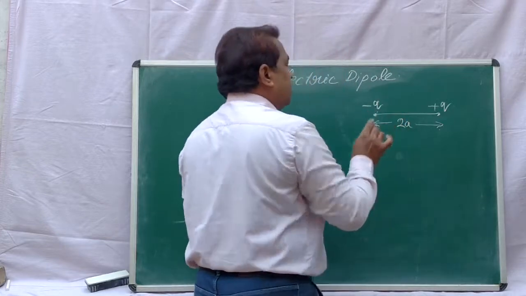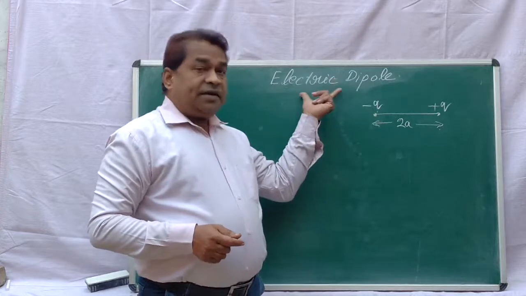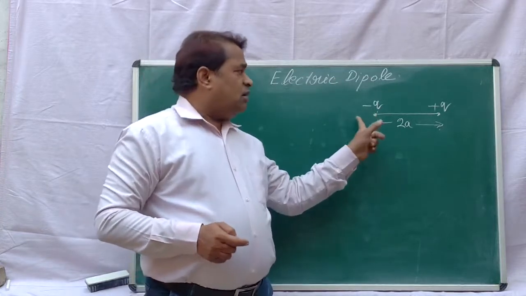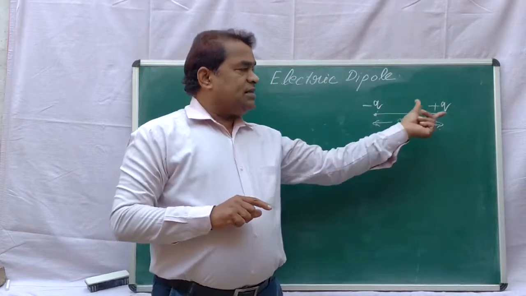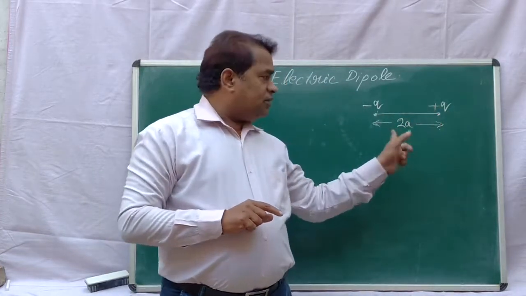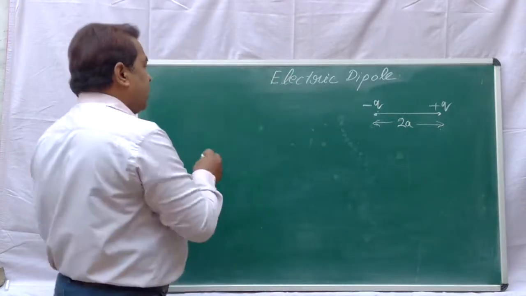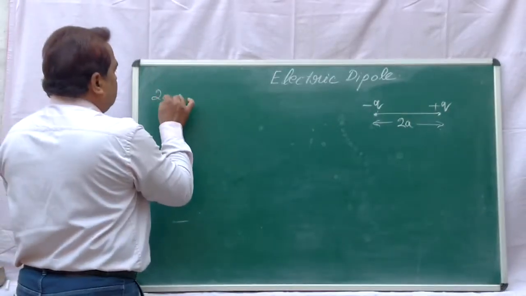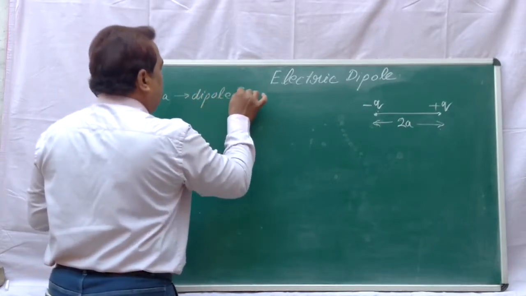So in this case we can say that the charges in an electric dipole are equal but opposite in magnitude. One charge is negative and the second charge is positive, and this length 2a is known as the dipole length.